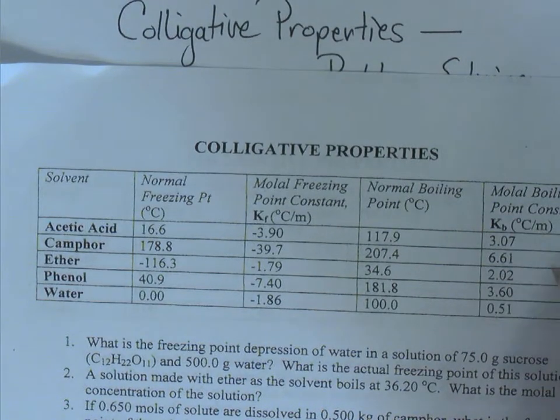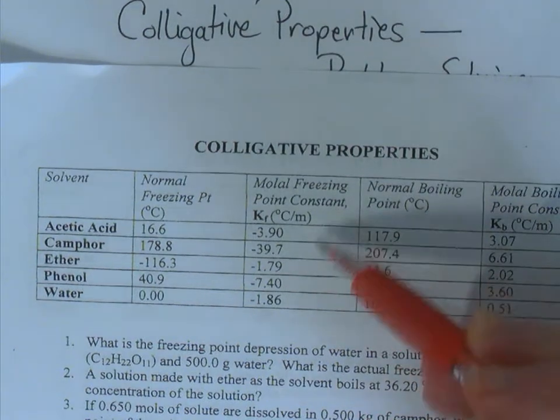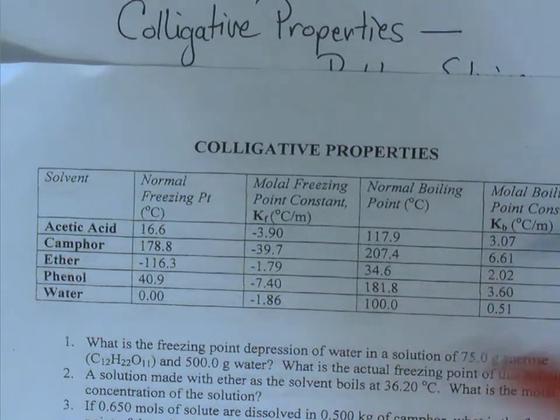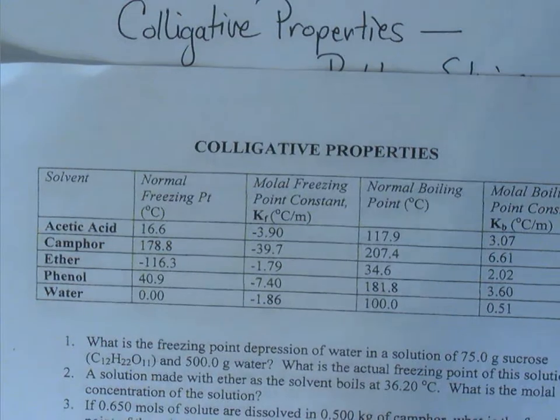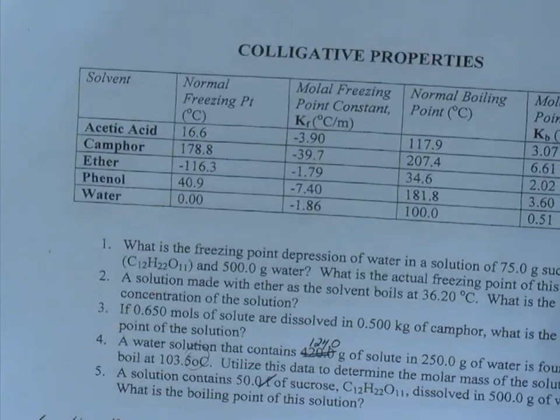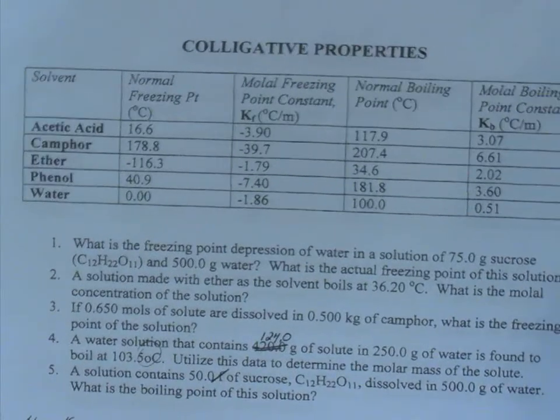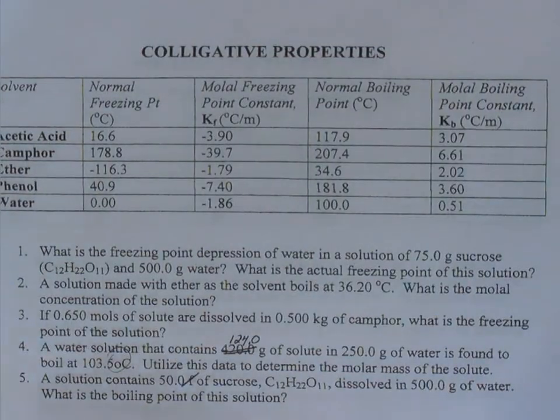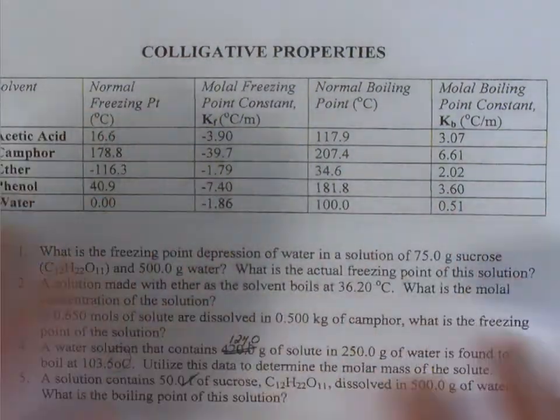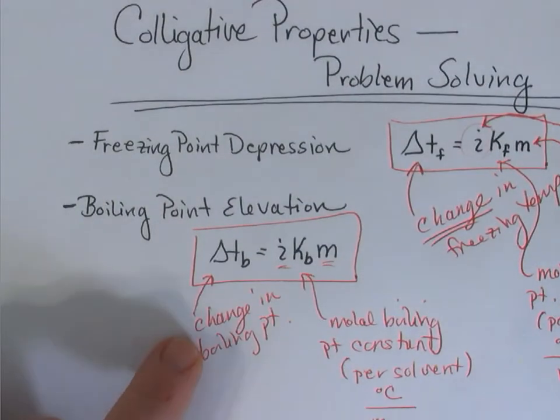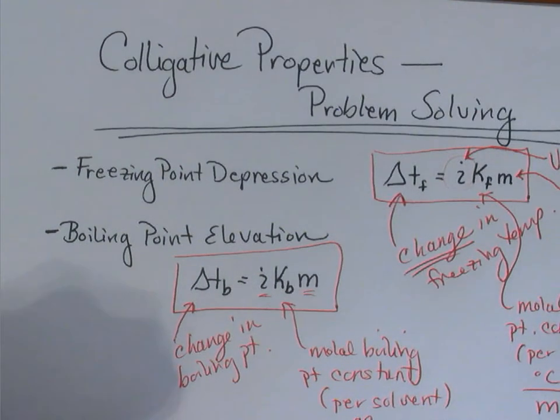Of course, we understand the energetic differences between vaporizing and then freezing. And so we're going to have different values for the same solvent because of that. All right, well, the next video will actually dig into some problem solving. So we presented the equations, talked about what everything means. Okay, next we're going to get into some problems.